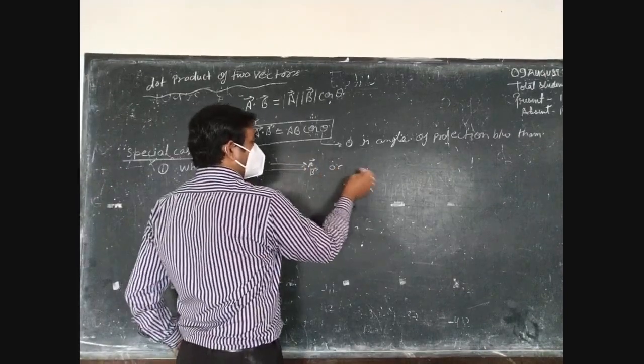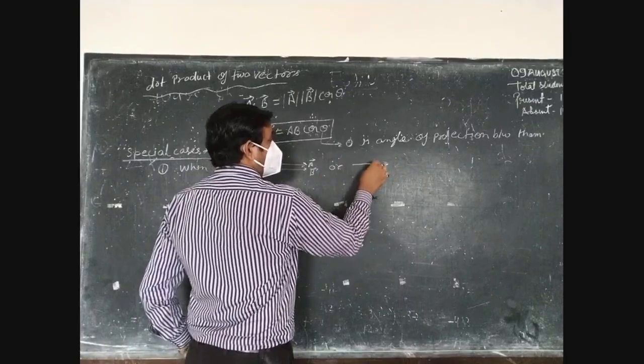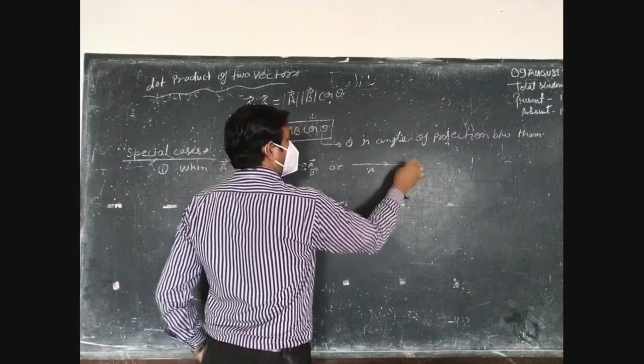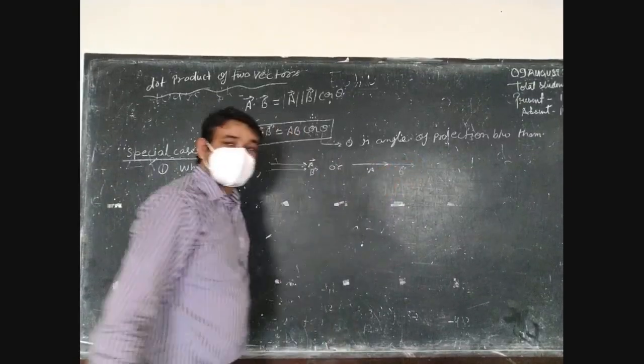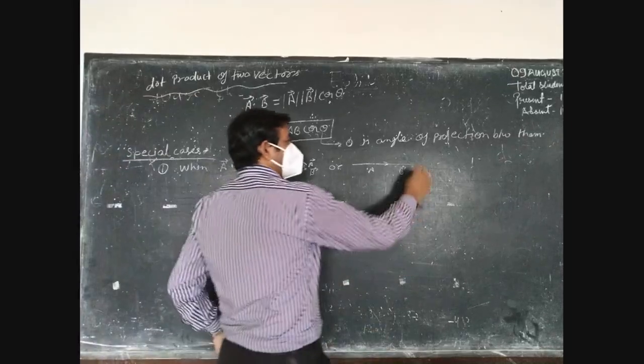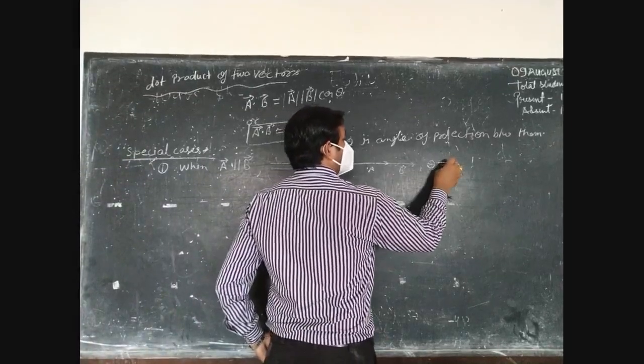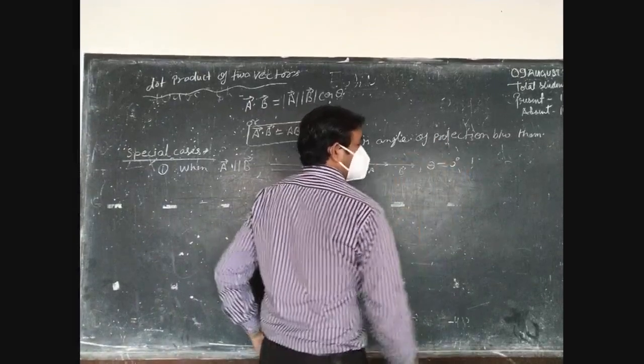Or you can show this as where vector A ends, vector B will start. For this case, the angle between the two vectors is 0 degrees.